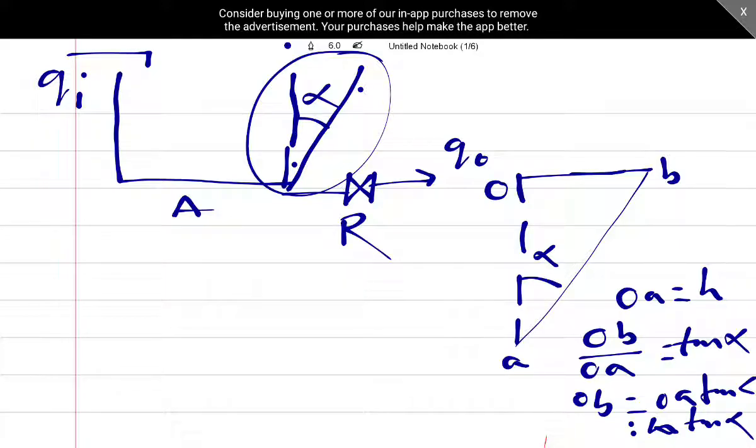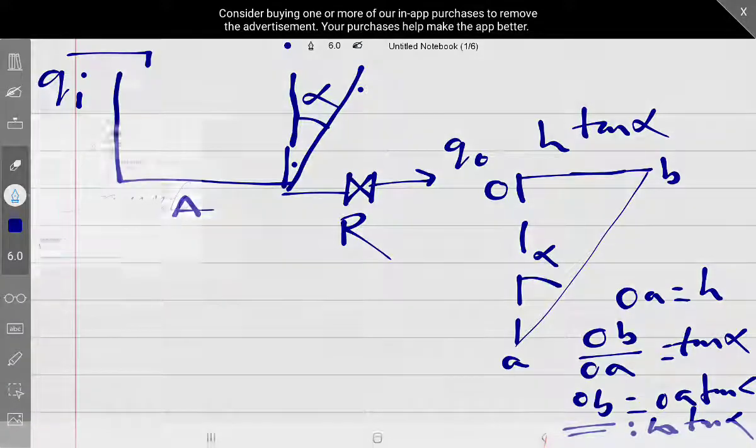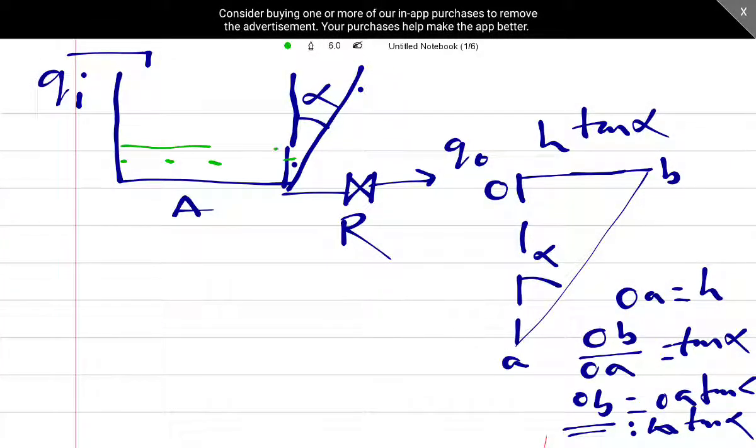So we have found this OB as h tan alpha. Now whenever the liquid level is increasing, initially the area is this much, after that the area is getting increased.